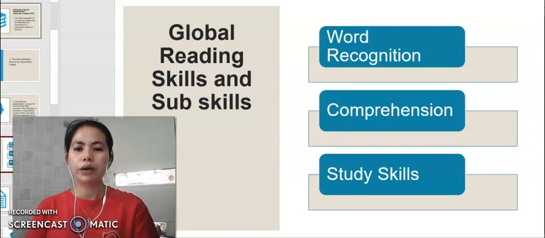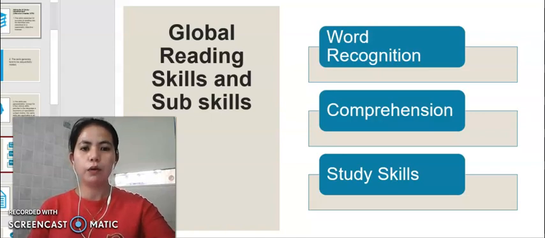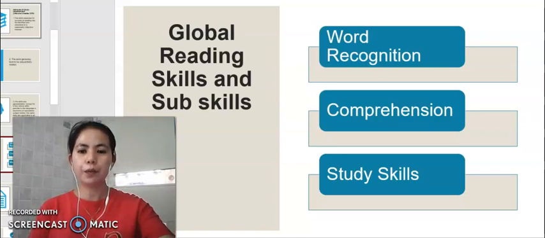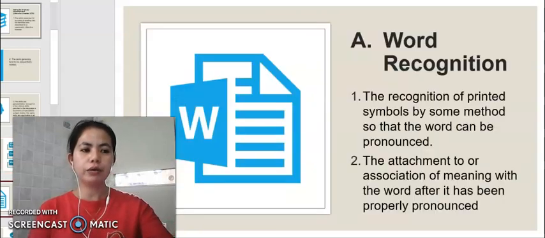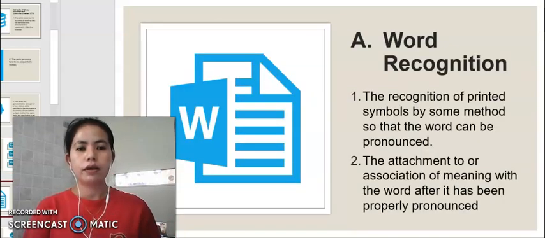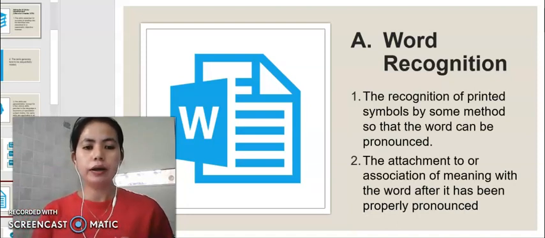Next, global reading skills and sub-skills. There are 3 types: word recognition, comprehension, and study skills. Word recognition is a two-fold process. Number 1, the recognition of printed symbols by some method so that the word can be pronounced.